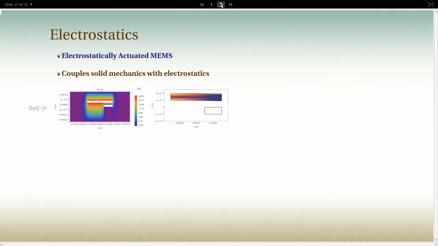We have a new electrostatic application example where we couple solid mechanics with electrostatics. So first we compute the electrostatic field and then couple this into a solid mechanics component where we can then see the deformation of this cantilever that's induced by this electric potential difference.